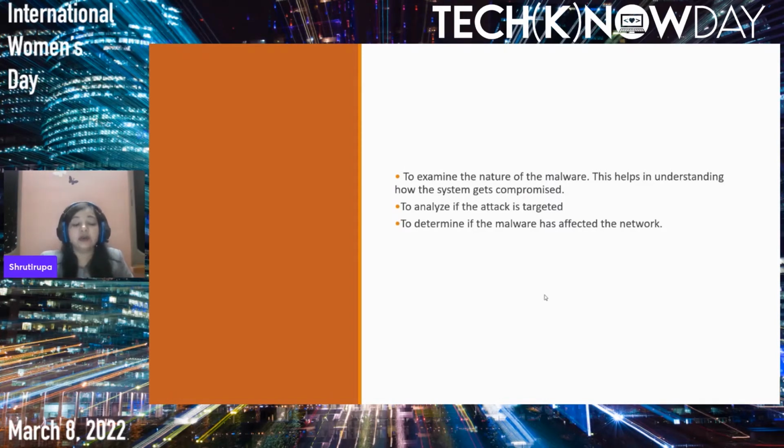So it is always suggested that whenever an individual or an organization feels that their system, their device, or their components have been infected by malware, they should disconnect those particular devices from the network, so that they could stop the spread of that malware into other devices.